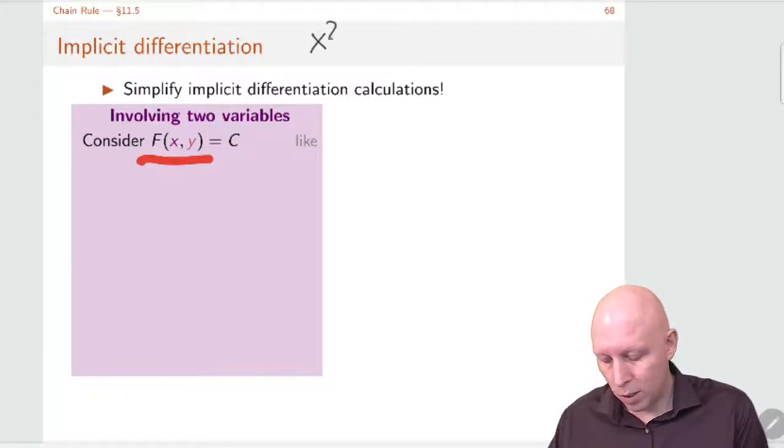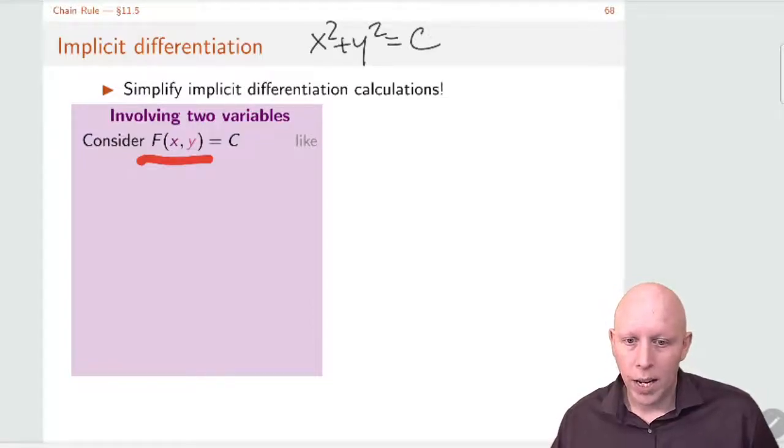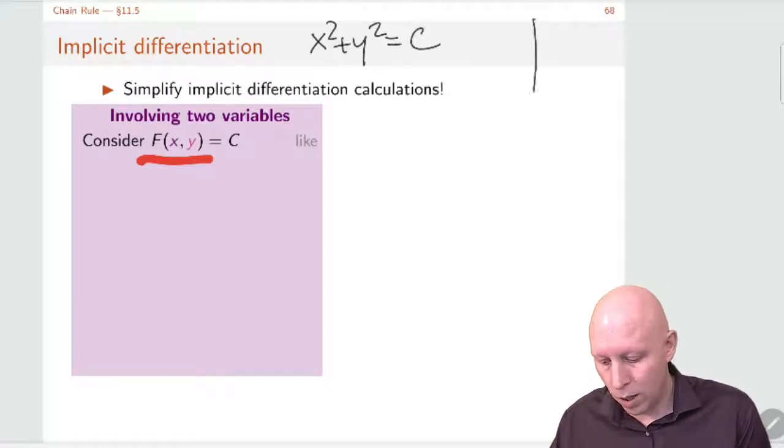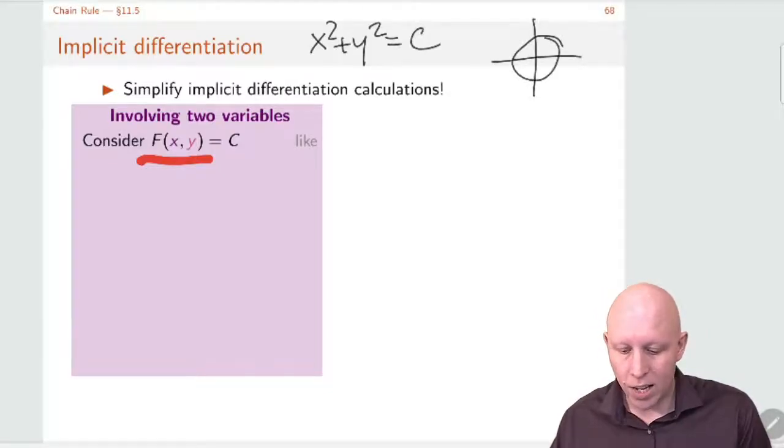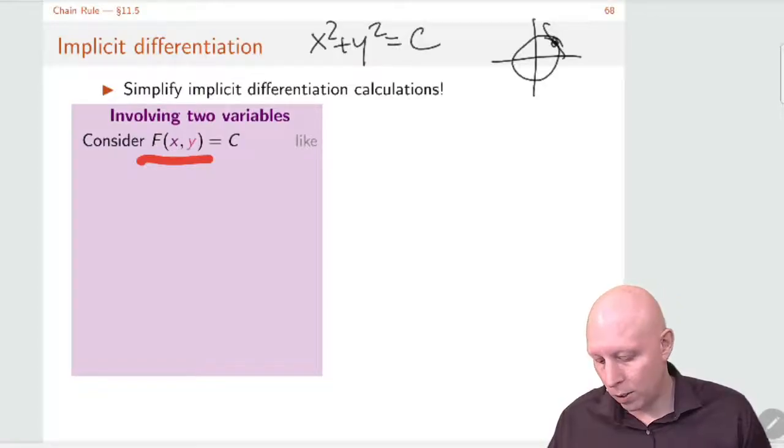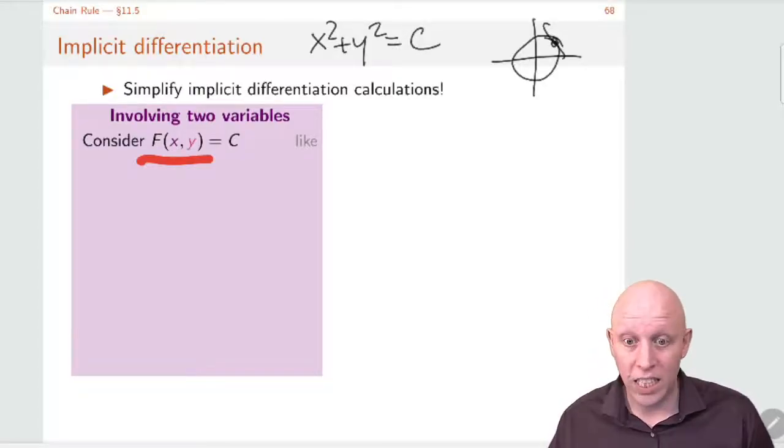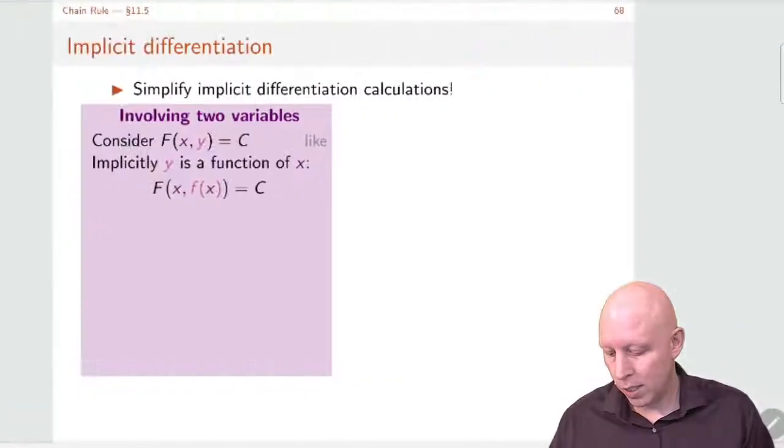That might be something that looks like x squared plus y squared equals c. And our goal is to maybe figure out what's the slope of a tangent line to this circle. Well, we're going to use our chain rule technology to solve this.